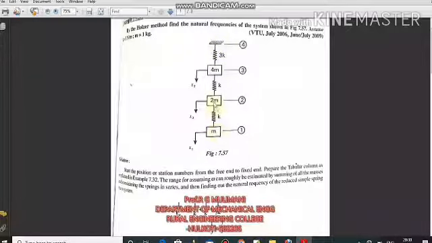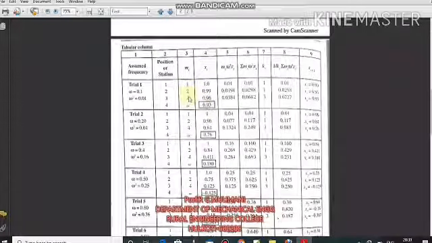So the masses are 1, 2, 4. There is no mass at the fourth position, so it is written in this fashion. For all the trials, you have to write the same masses 1, 2, 4, infinity.